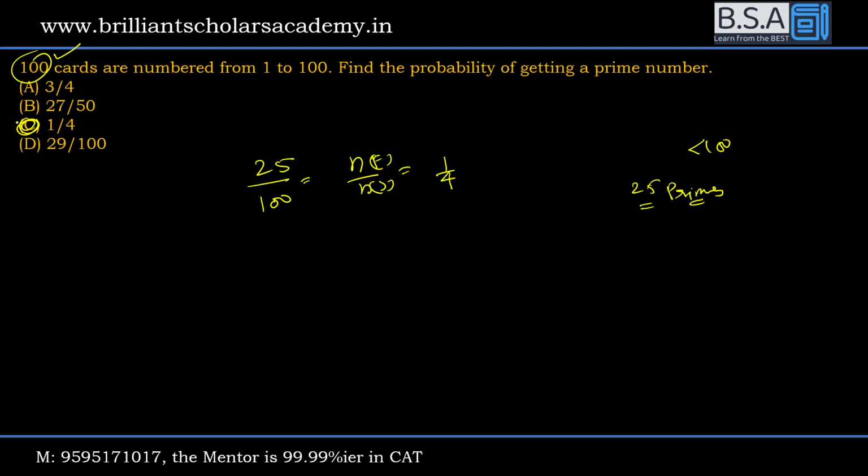There are 25 prime numbers. अगर आपको लिस्ट चाहिए, मैं आपको नंबर्स भी कह चुका हूँ. Remember, prime numbers up to 100 बहुत कम आएंगे. 2, 3, 5, 7, 11, 13, 17, 19, 23, 29, 31, 37, 41, 43, 47, ये सब याद होने चाहिए आपको.